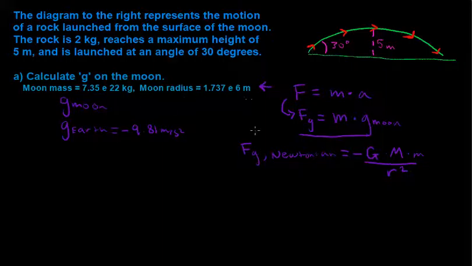Now we have a way to fit these two together, because once this local gravitational force equation is set equal to the Newtonian gravitational force equation, then we have a way of calculating the acceleration due to gravity on the moon, so that we can say locally the acceleration is an accurate value.